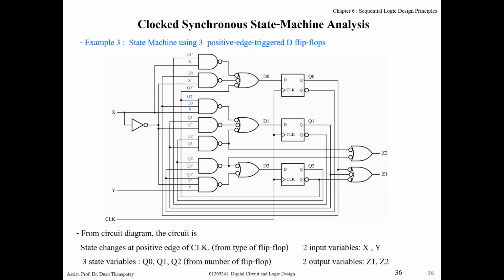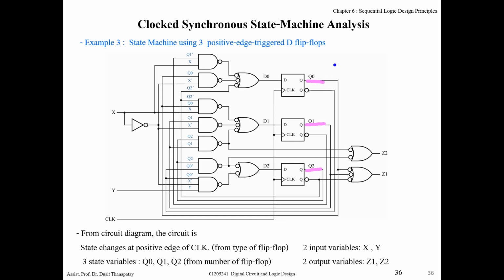Example 3. Like the previous two examples, we will analyze the state machine. For this example, we use 3 flip-flops. That means there are 3 state variables: Q0, Q1, and Q2.